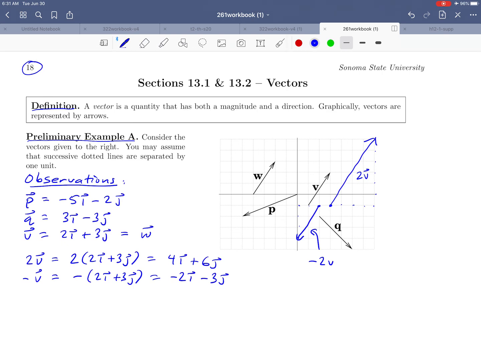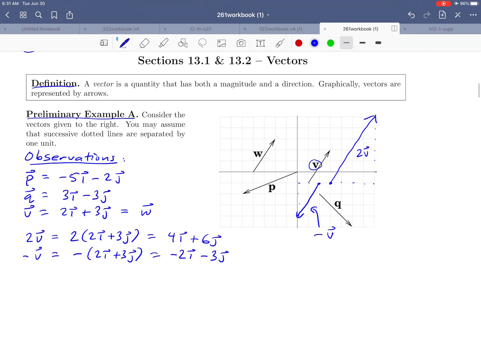Whoops, that's just negative v, sorry. And how is that vector negative v related to v? Notice that all we did is reverse the direction, so it has the same length as the vector v, but it's pointing in the exact opposite direction. That's the effect of a minus sign.